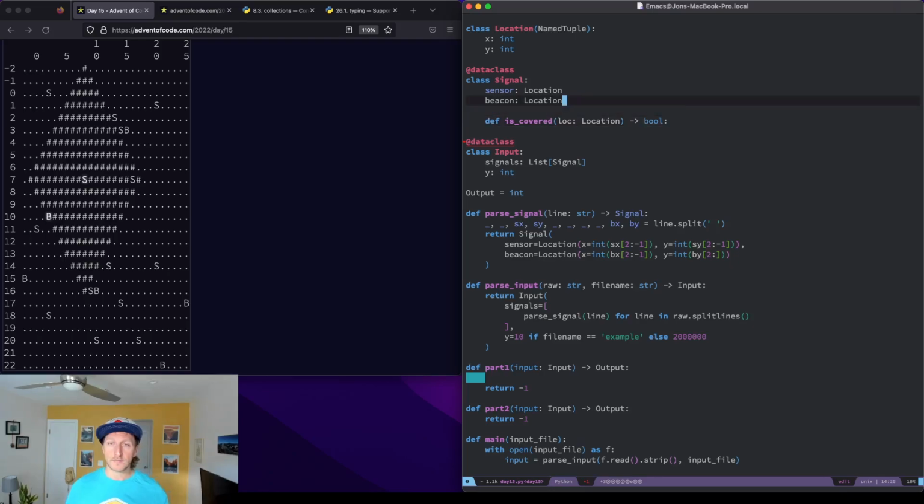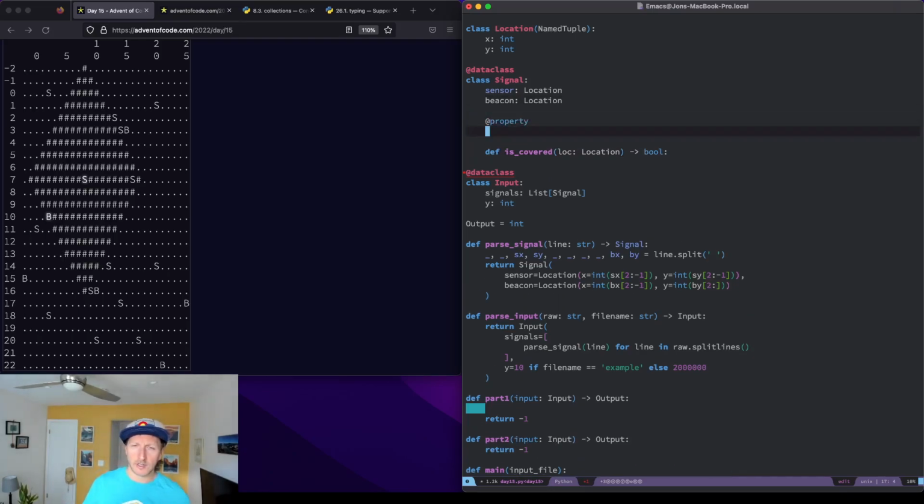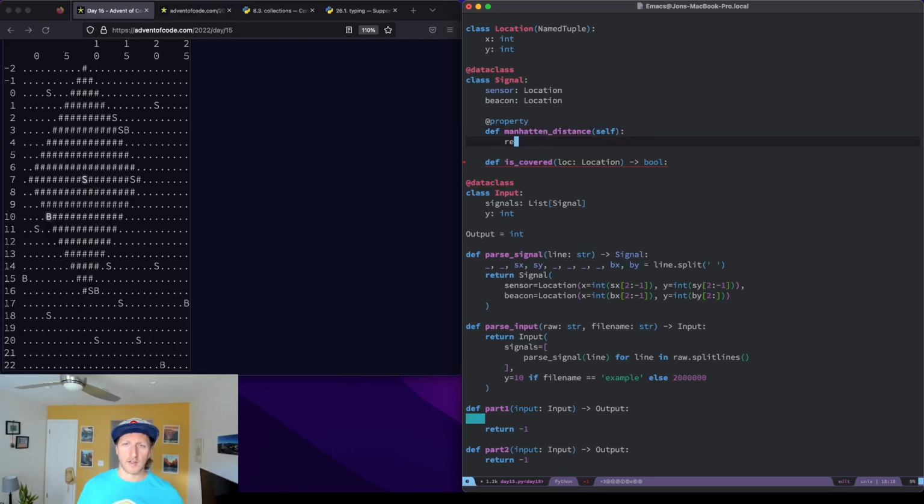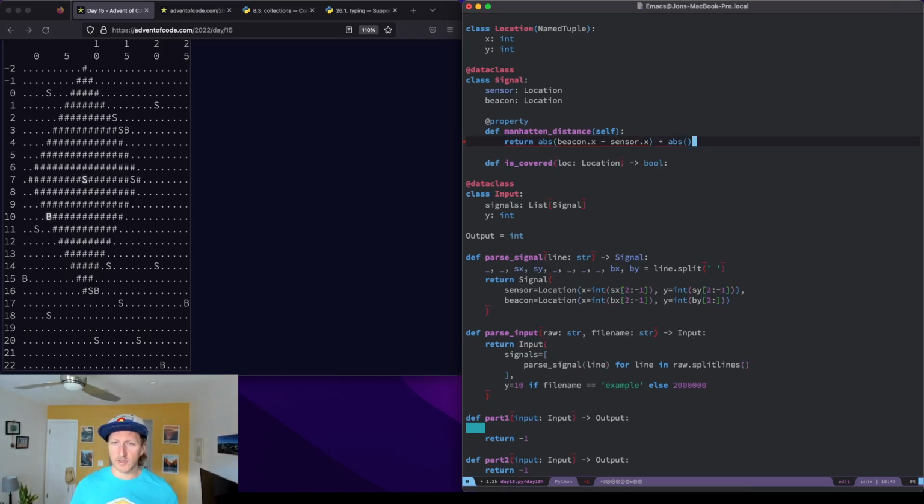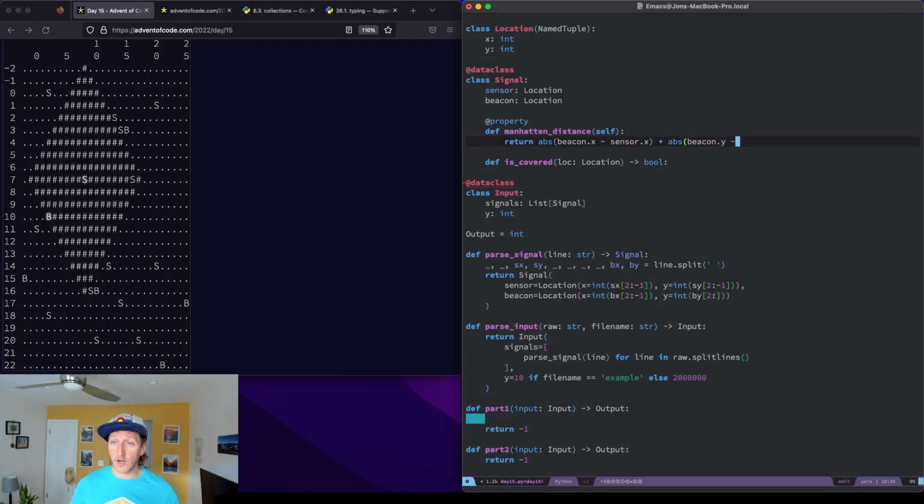So, a property, def Manhattan distance. The Manhattan distance is the abs of beacon.x minus sensor.x plus abs of beacon.y minus sensor.y.